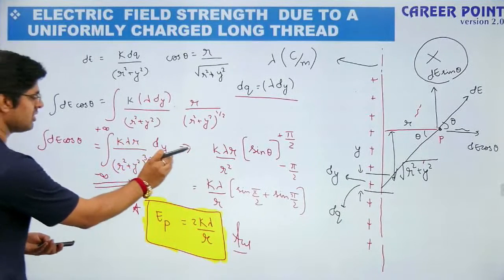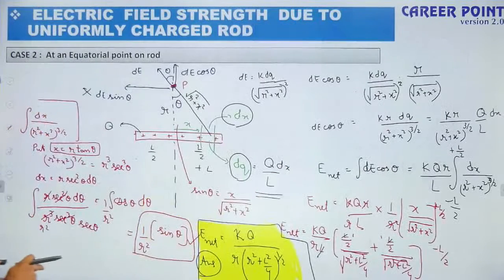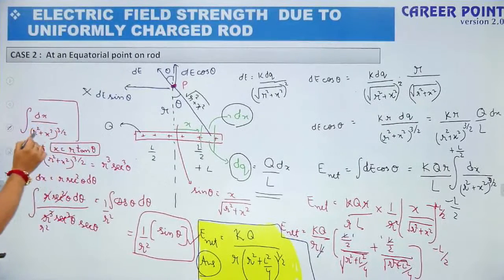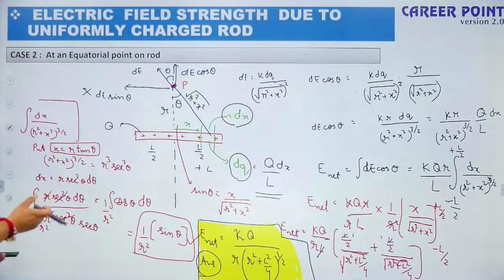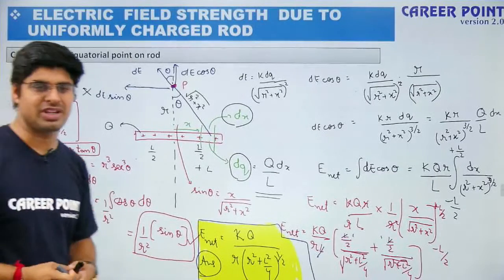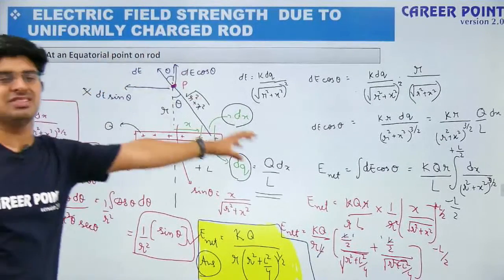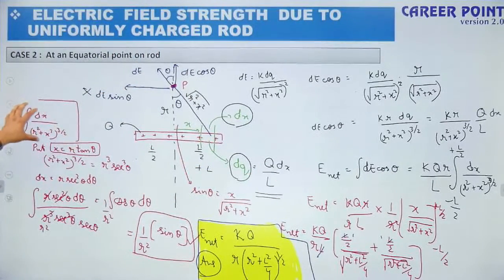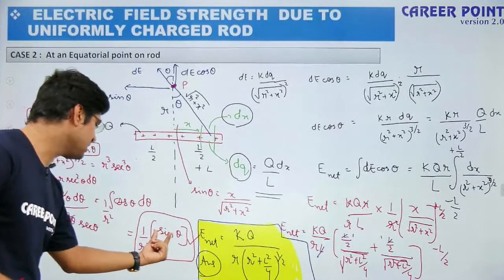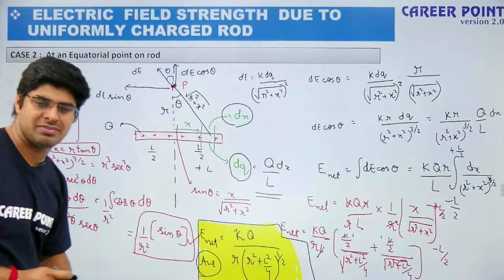Integration of K lambda r, dx upon r square plus x square raised to power 3 by 2, this expression integral again is coming. At so many places we are using the value of the same integral, dx upon r square plus x square raised to power 3 by 2. This gives me sin theta by r square every time.